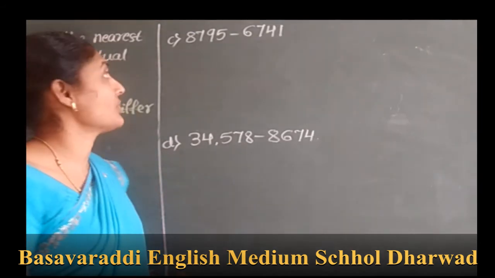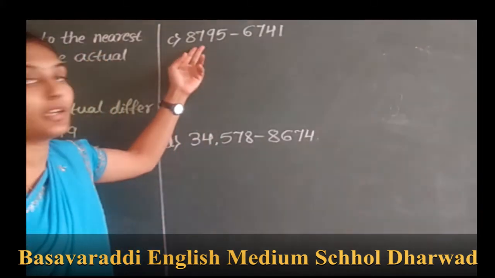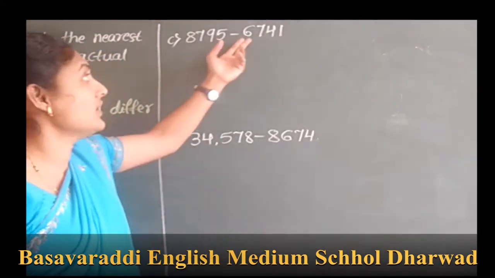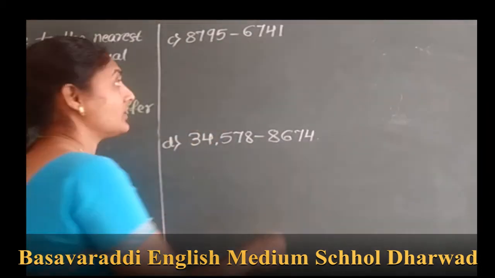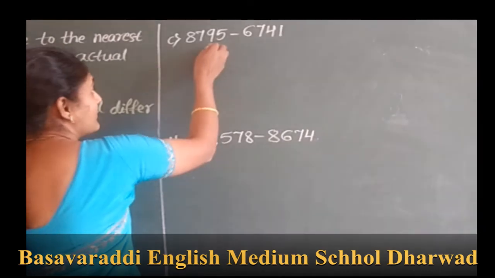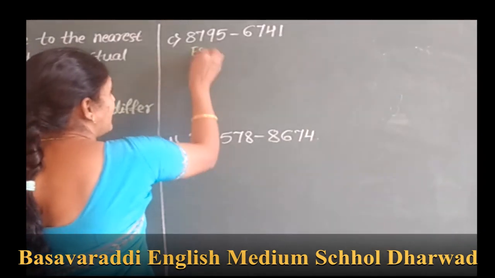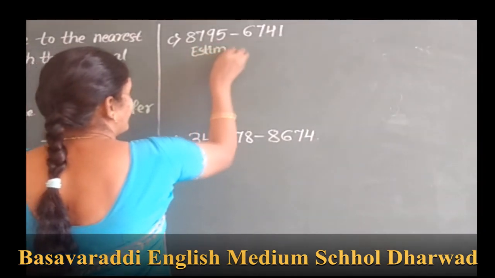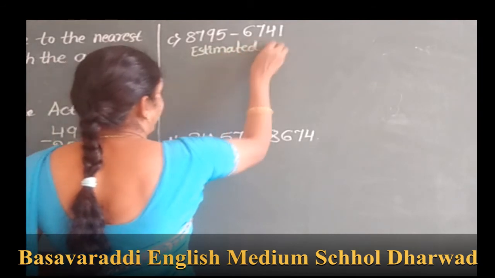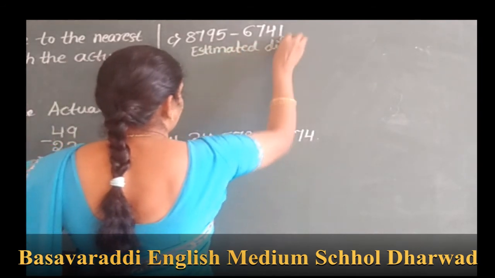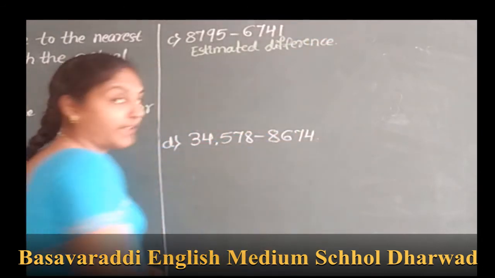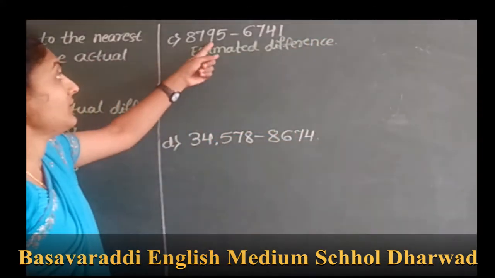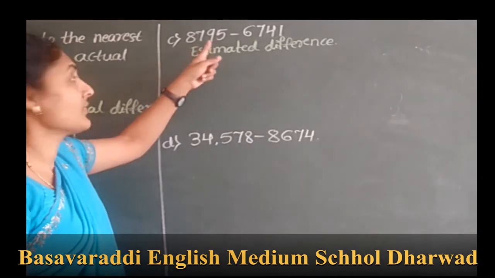In the C question, 8795 minus 6741, first we do the estimated difference. What is that? Nearest to 10, the 9 is in the tens place.